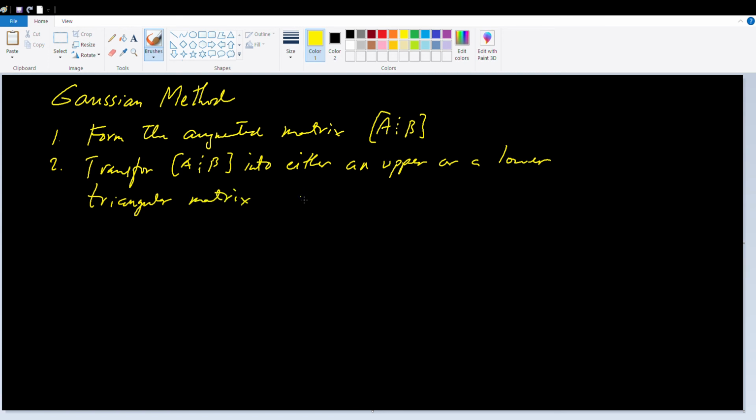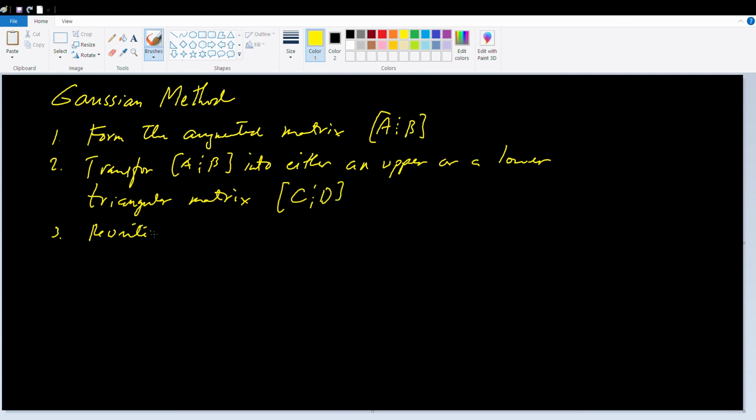Alright? So not necessarily a reduced row echelon form, but either an upper or a lower triangular matrix. And then finally, you rewrite, let us call this as C, D.